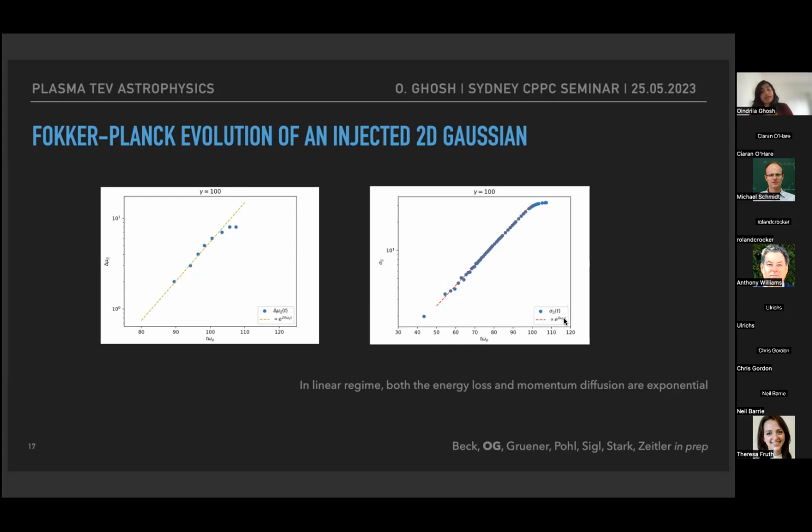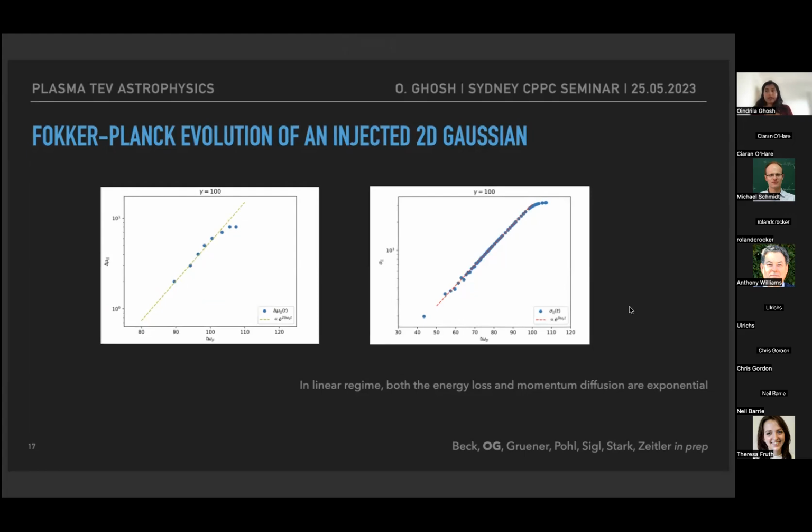So delta omega p, so delta is the growth rate in units of plasma frequency. And all of these calculations were performed in the linear regime, meaning we do not take into account nonlinear effects or mode-mode couplings.